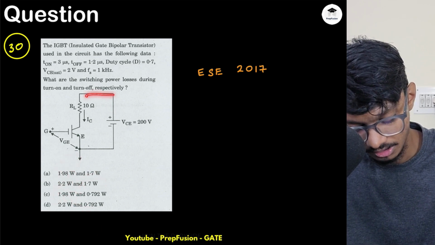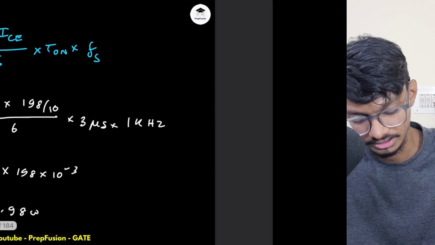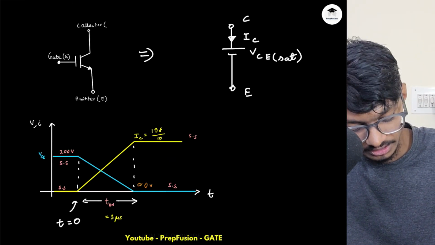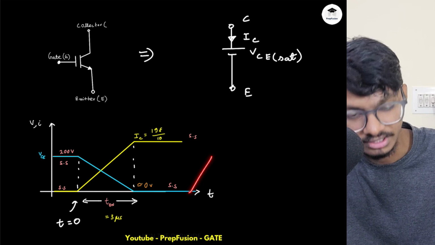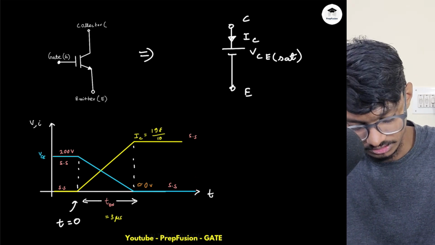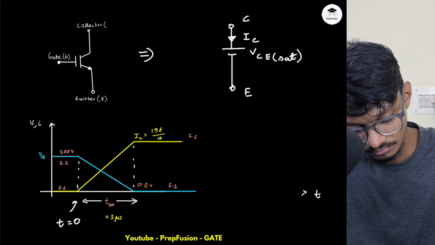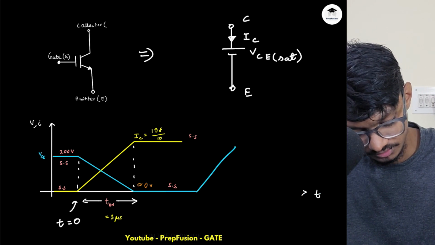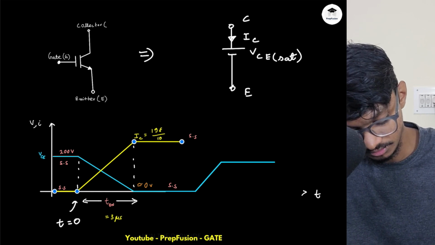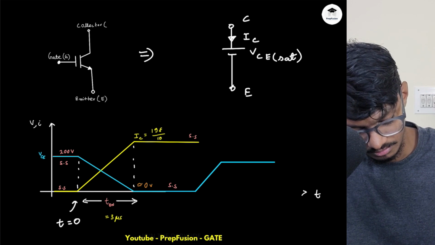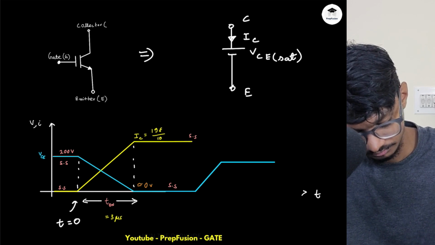And what will be the turn off switching? We will use the same formula again. During turning off, the voltage will increase, and the current will start to decrease.